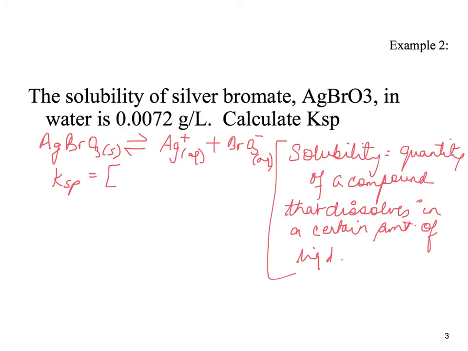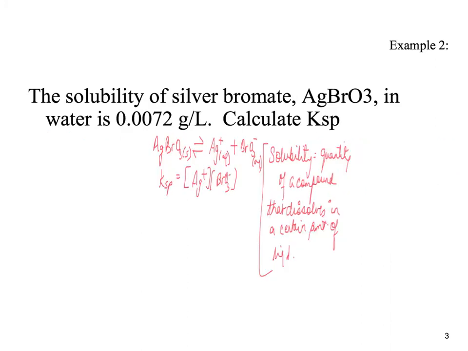KSP, as you can see, is concentration of silver times concentration of bromate. So if you had the molar concentration of Ag plus and BrO3 minus, you can substitute that and you can get KSP. So the question is, what is the link between the molar concentration and solubility? Realize what I said a couple minutes ago.